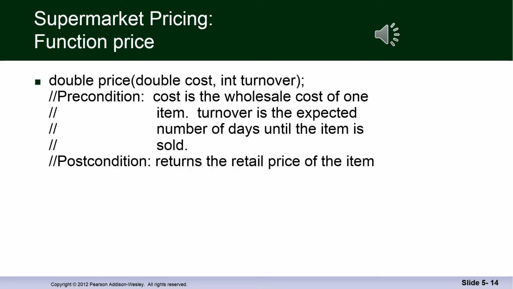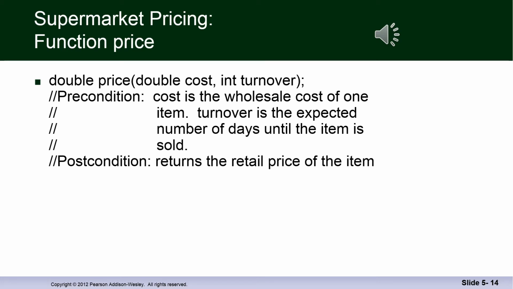Now the second function, price, well, it returns a value, so it's not a void function, it returns a double, and it has two arguments, or two formal parameters. Their names are cost and turnover, and they are a double and int, and they are call by value parameters.